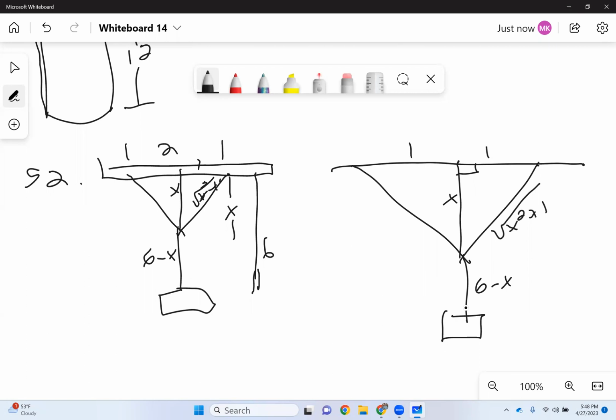So let's see. A load must be suspended 6 meters. Okay.